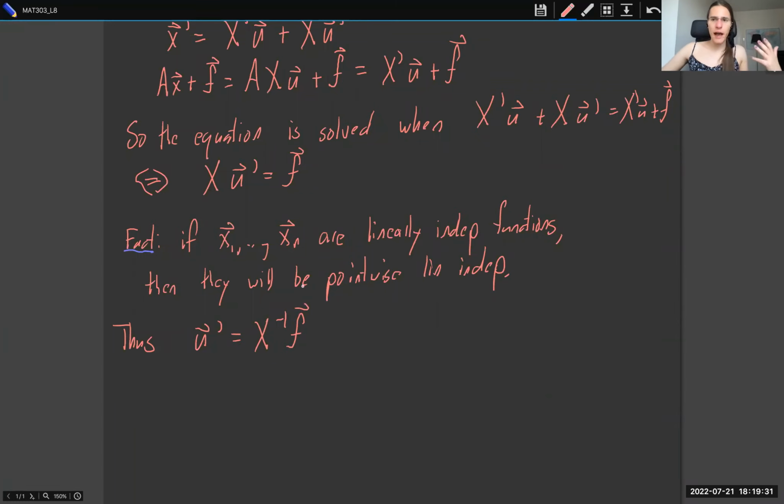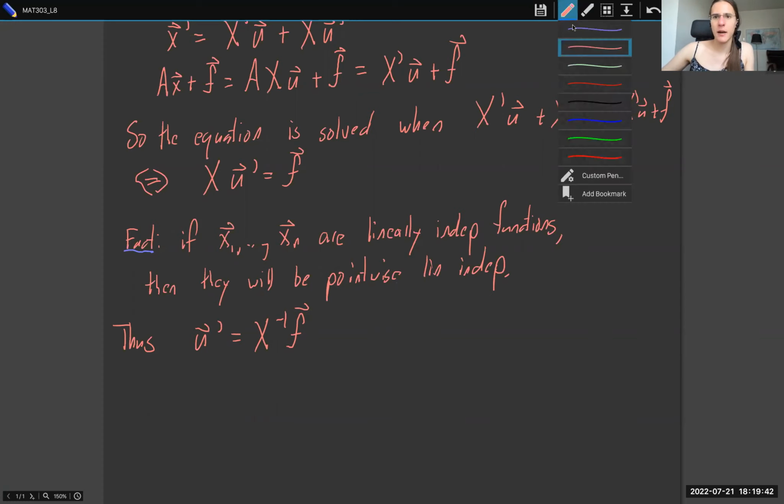Now, once we found this, we have that U prime is equal to a certain function. U1 prime is equal to a certain function. U2 prime is equal to a certain function. And then this just reduces to n integrals.